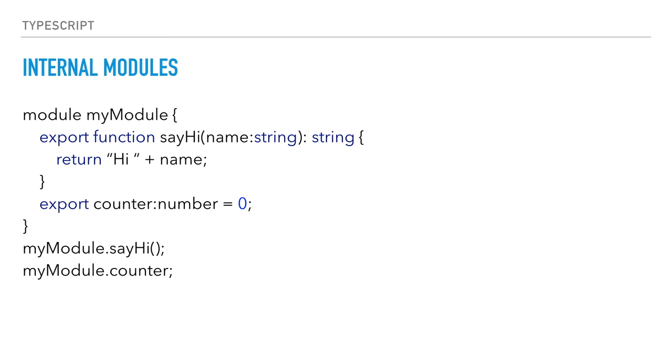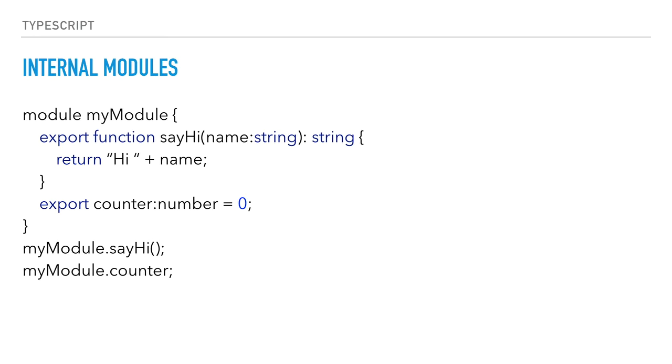So let's take a look at this example for internal modules. You define a module, my module, and inside you can put any kind of code. Everything that you put without the export keyword, you can think of as private. Nobody can access it outside the brackets of my module.